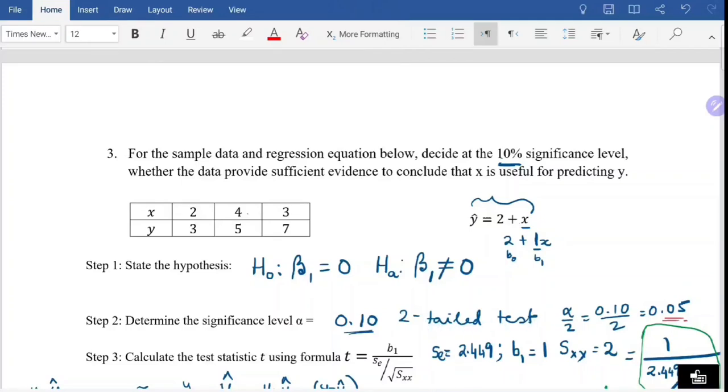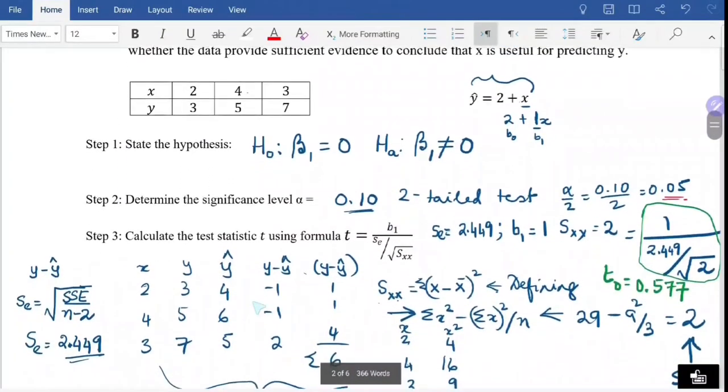Whenever we have a two-tailed test, we have to divide our alpha by 2, because a two-tailed test has reject regions on both sides of the curve, right? So we do alpha by 2, and we get 0.05. So now we are done with the first two steps.